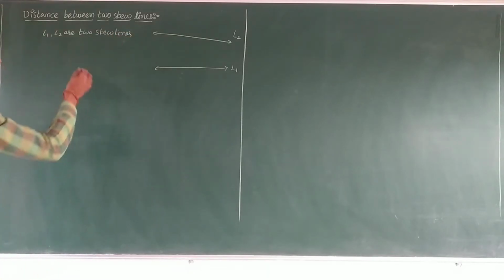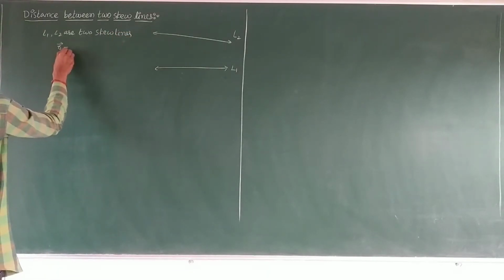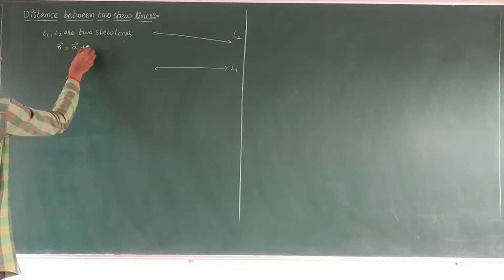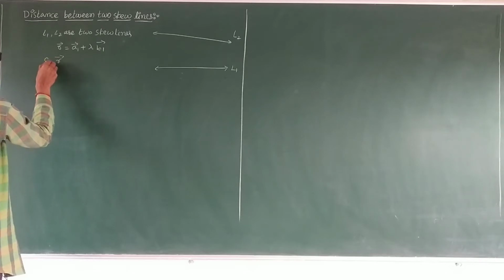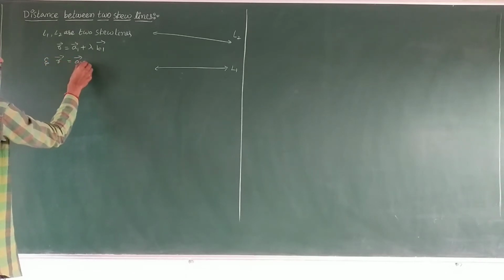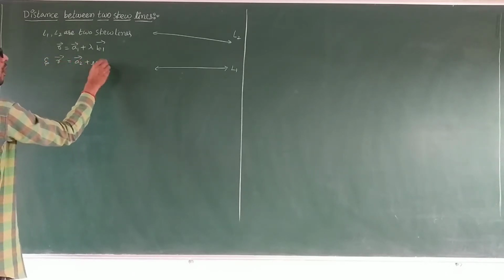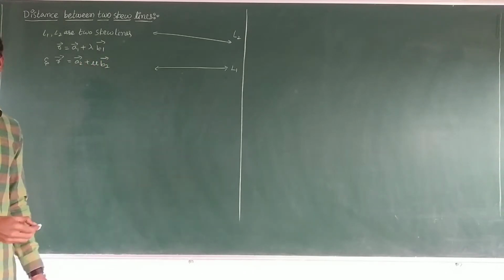And I am taking the equations as r bar equals a1 bar plus lambda b1 bar, and r bar equals a2 bar plus mu into b2 bar.